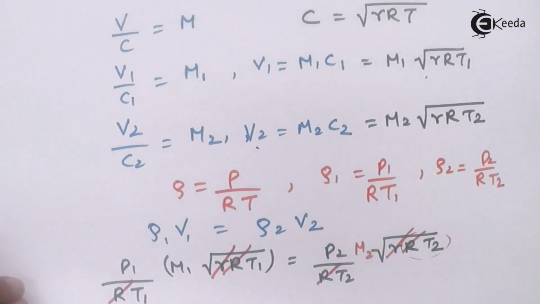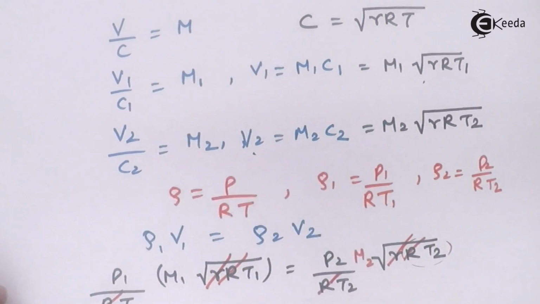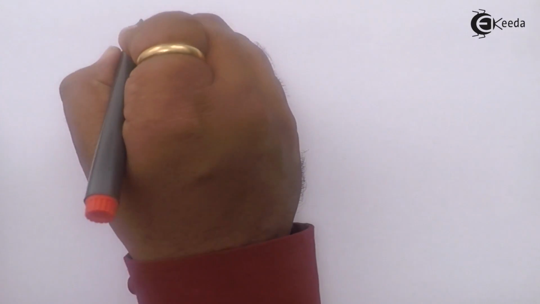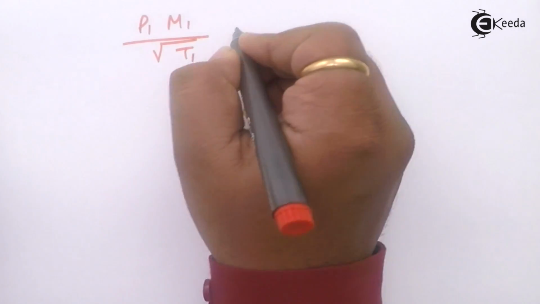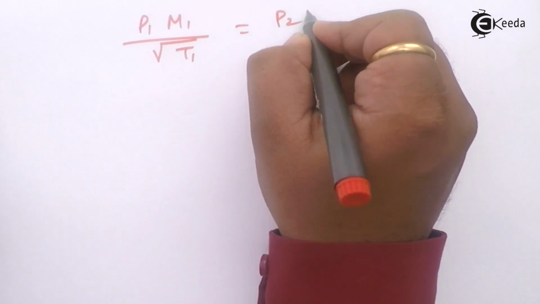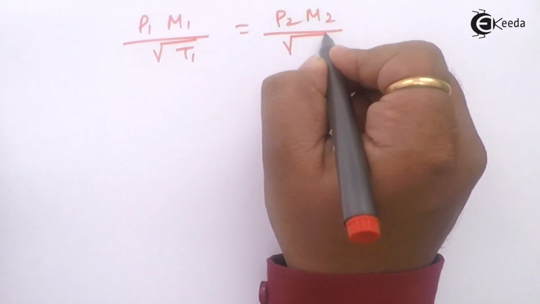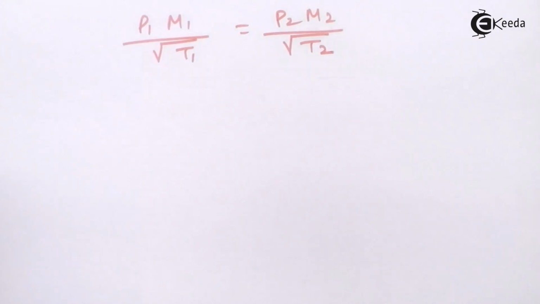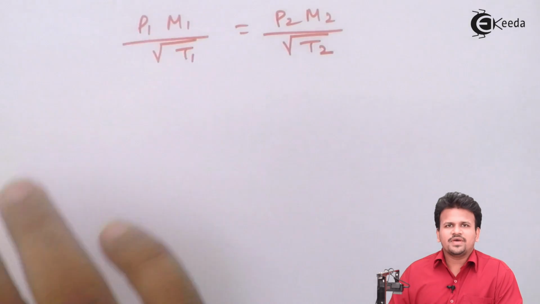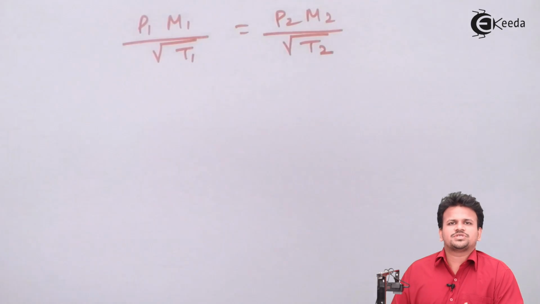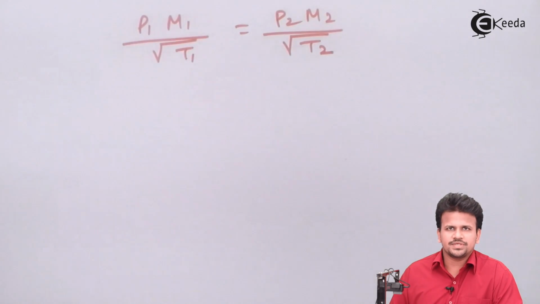We will be left with P1 M1 upon square root of T1 is equal to P2 M2 upon square root of T2. So this is the basic equation for a normal shock. The various parameters such as pressure, Mach number, temperature are linked to each other.